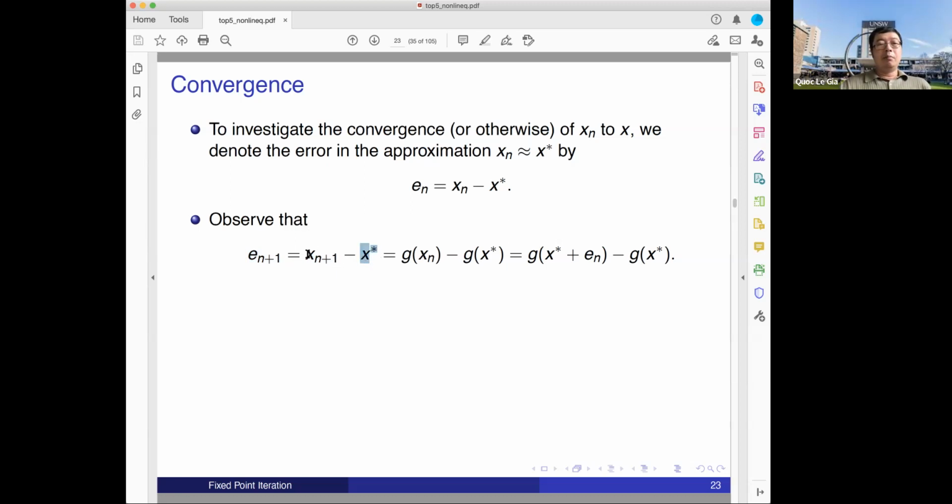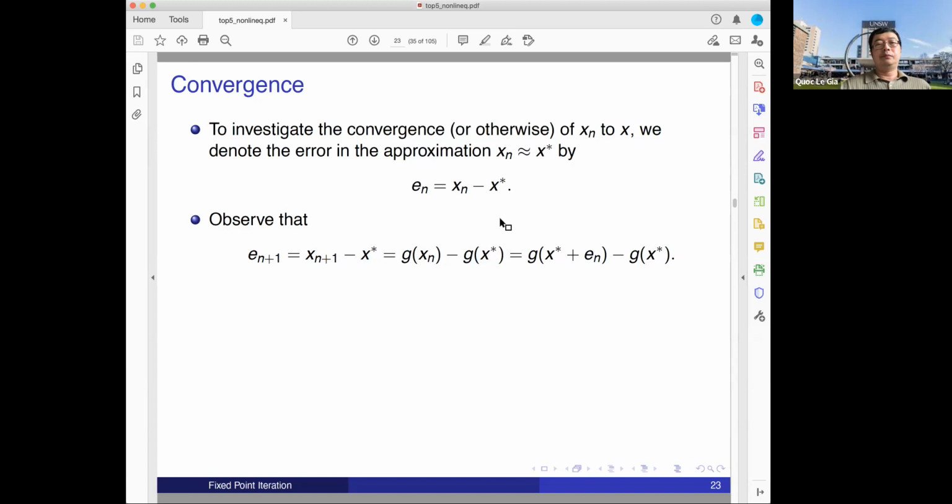By the fixed point iteration method, xn plus 1 is nothing but g of xn. That's how you define it. And x star, remember, is a solution of the fixed point iteration, so x star equals g of x star.